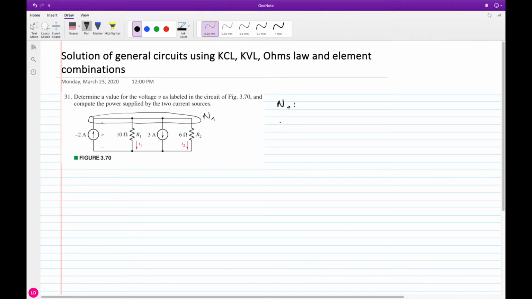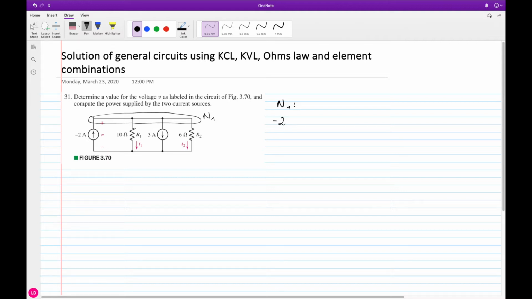On N1, if I apply Kirchhoff's current law, I can take all incoming currents, add them up, and say that they're equal to 0, which is Kirchhoff current law. So the current going in here is -2 amps, and don't be afraid to use the sign here. That's just the current that is stated here.